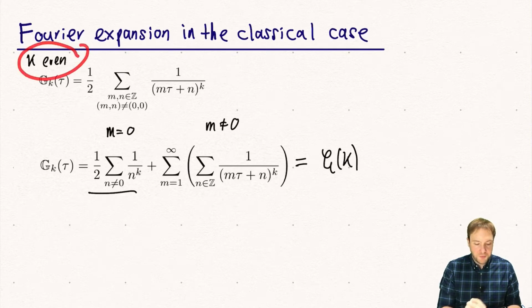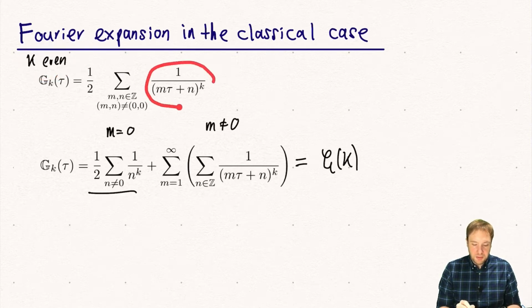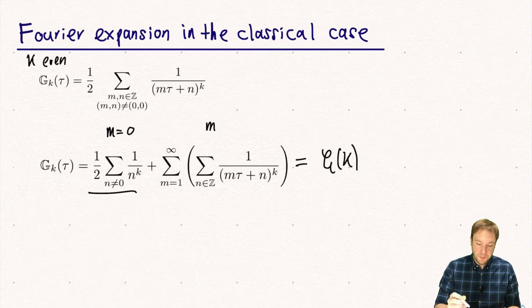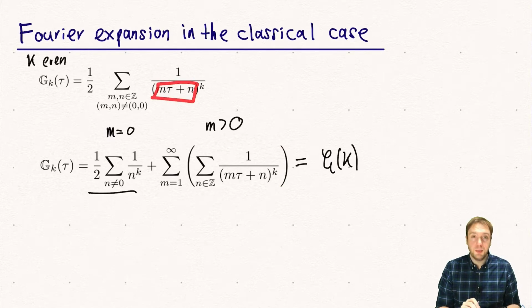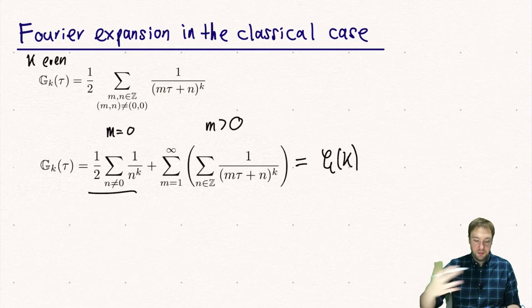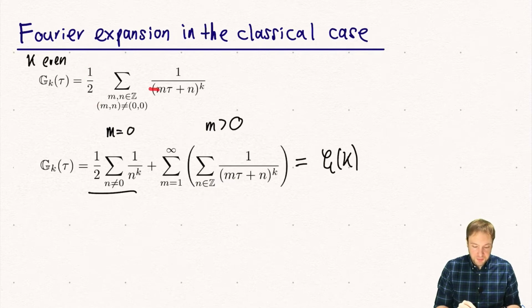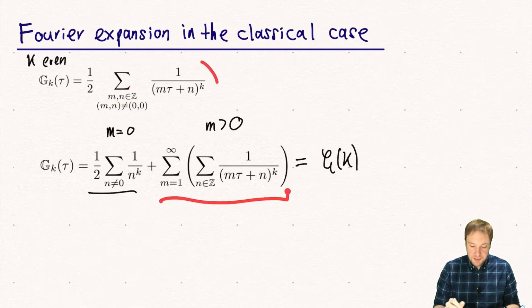And also because k is even, in the case when m is not 0, we can also restrict to the case where m is positive. Of course, we can also multiply this by -1 to get it in the upper half plane. And then we also lose this factor 1/2 here. But you see, if you multiply this by -1, then because we sum over all integers n, we will get twice this sum here.